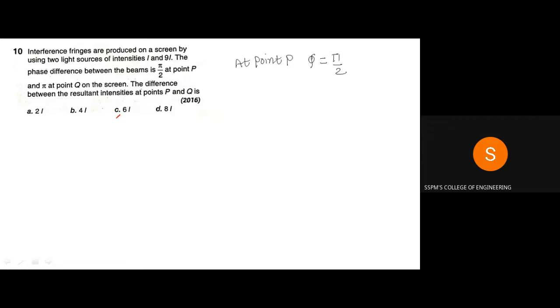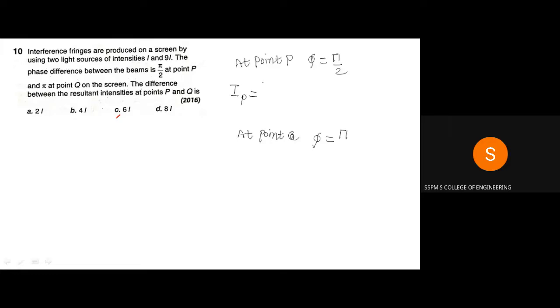And at point Q, phi equals to pi. What expression do you have? Write the two expressions, one for IP, and another for IQ.